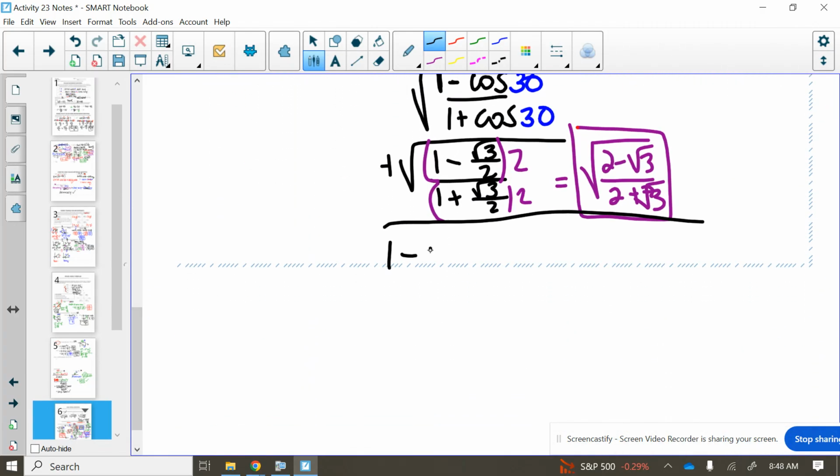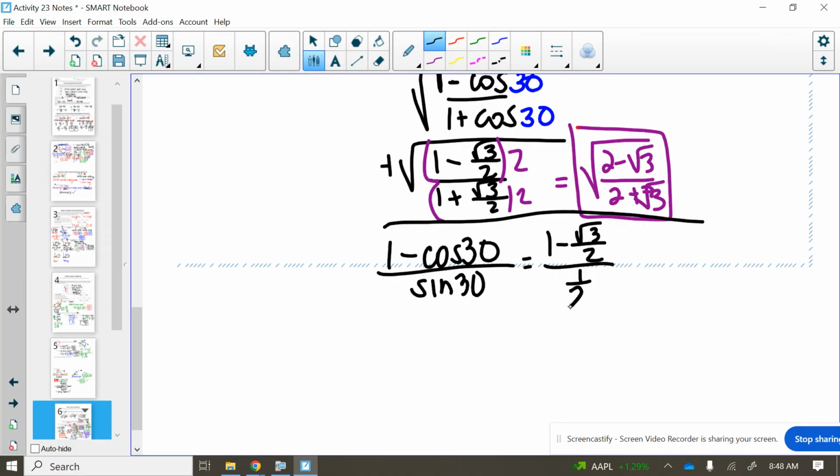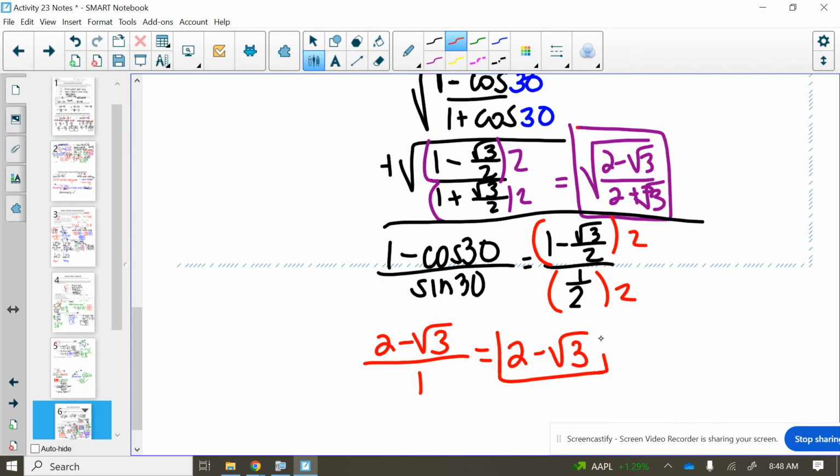Because if we do 1 minus cosine of 30 over sine of 30, we would have 1 minus root 3 over 2, and then all divided by the sine, which is just 1/2. If everything gets doubled to get rid of this fraction within a fraction, we have 2 minus root 3, and then 1/2 of 2 is 1, and we see 2 minus root 3 as our simplified answer.